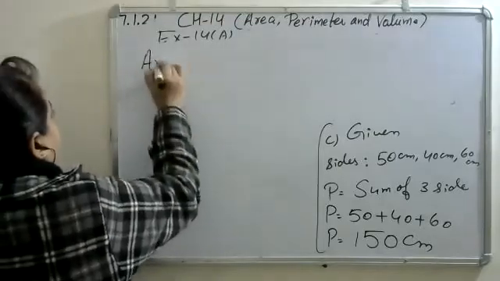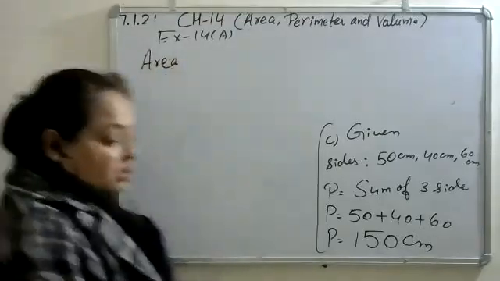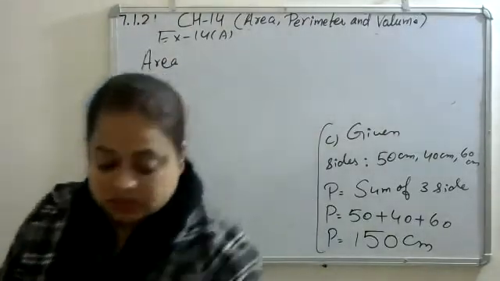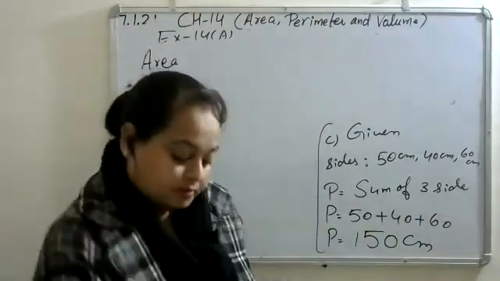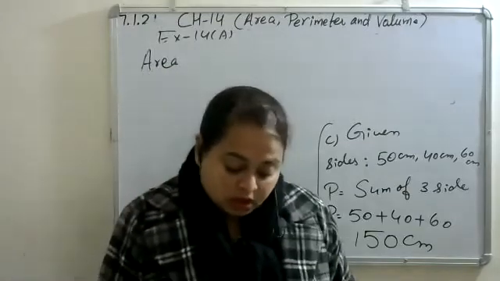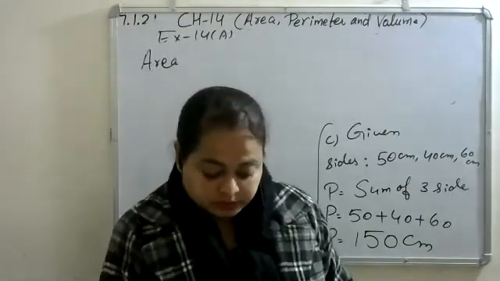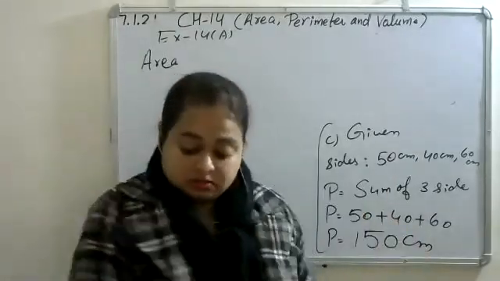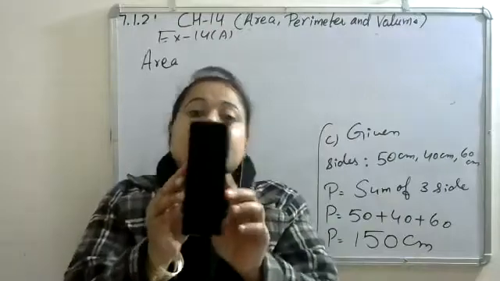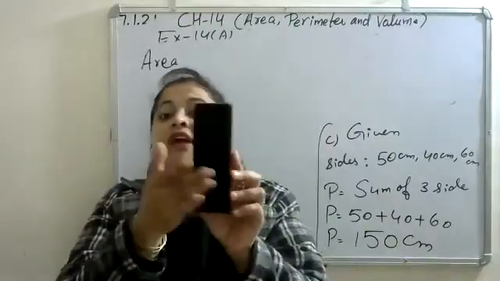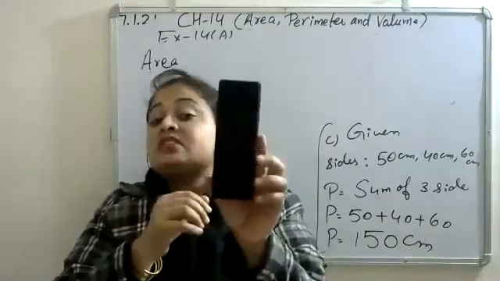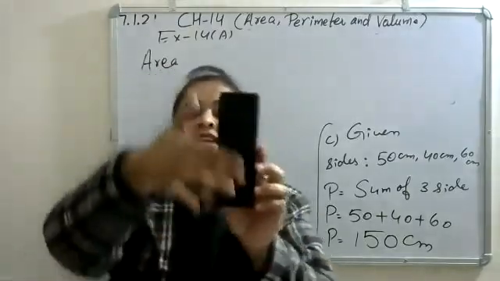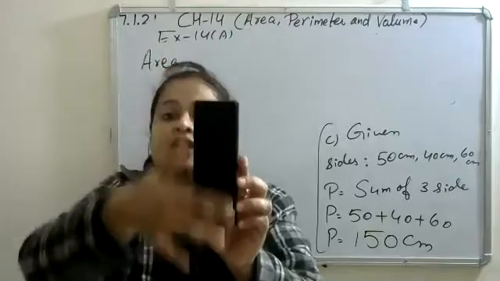Now, area. The concept of area is the measure of any surface. This is a rectangle. The front part of this duster is a rectangle. This is known as surface.